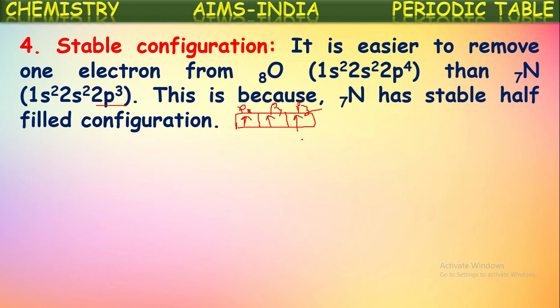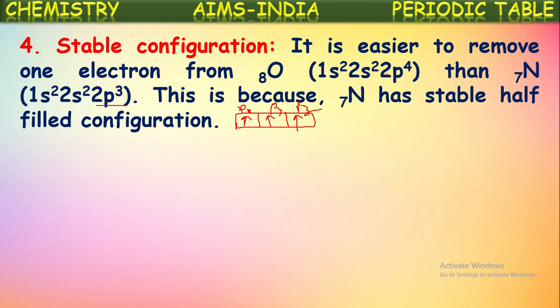This is called half-filled electronic configuration. The elements with half-filled or completely filled outermost orbitals attain some extra stability. So because of this extra stability, the removal of an electron becomes a little difficult from this element. That's why nitrogen has greater ionization energy or ionization potential than oxygen.